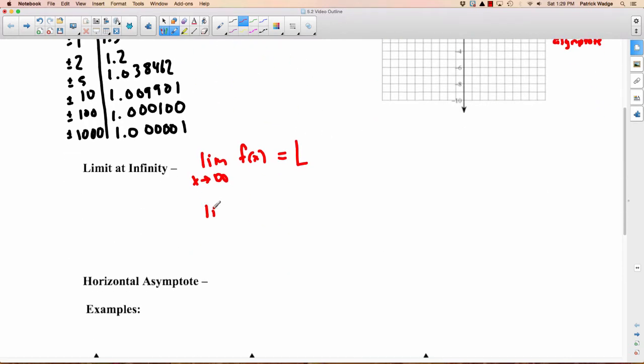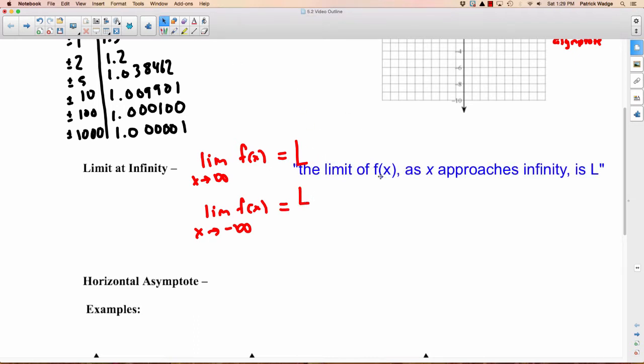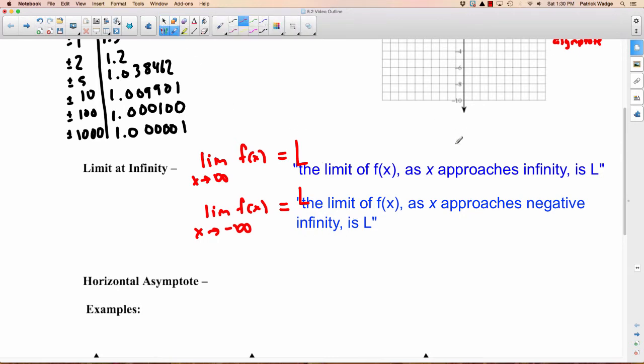And the other one would be the limit of f of x as x approaches negative infinity equals some amount like L. The way we say this: the first one, the limit of f of x as x approaches infinity is L. And the second one, the limit of f of x as x approaches negative infinity is L. Instead of saying approaches infinity, you could say increases without bound.